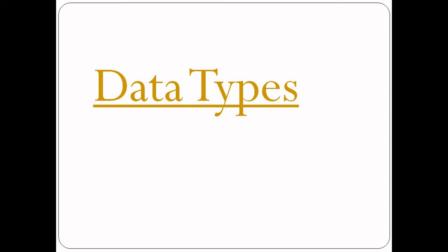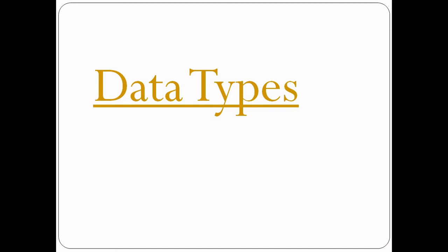But in programming languages, you also will have to tell the computer what kind of data you will be storing in those variables. That is what a data type is. A data type is a concept which tells the computer what kind of data you'll be storing in the variables. It defines the type of data.